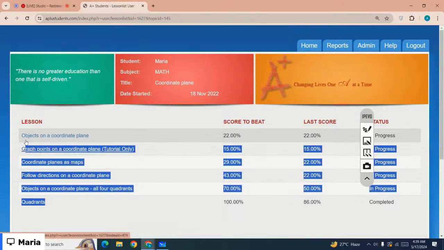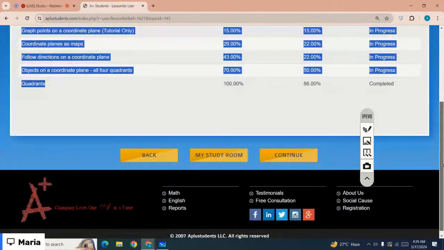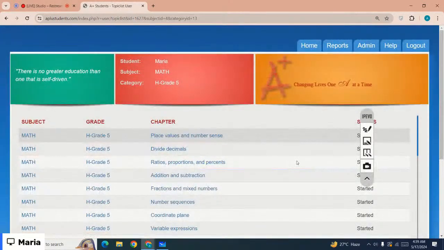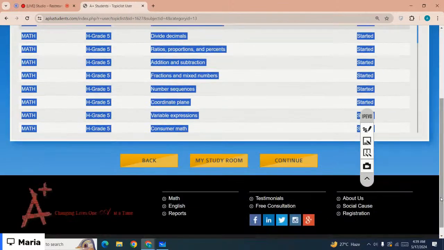The lessons we have covered today are objects on a coordinate plane, graph points on a coordinate plane as maps, follow directions on a coordinate plane, objects on a coordinate plane, and then quadrants, right? So please make sure before the next session you complete all the practice questions for the lessons we did today. That is your homework until the next session.